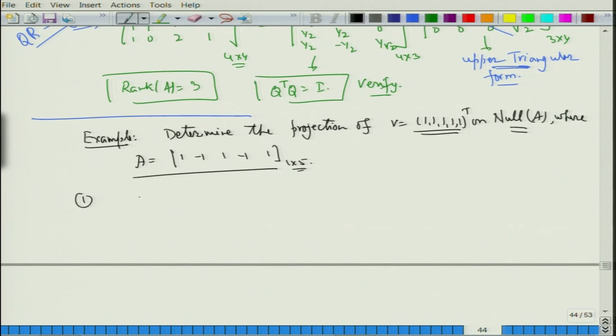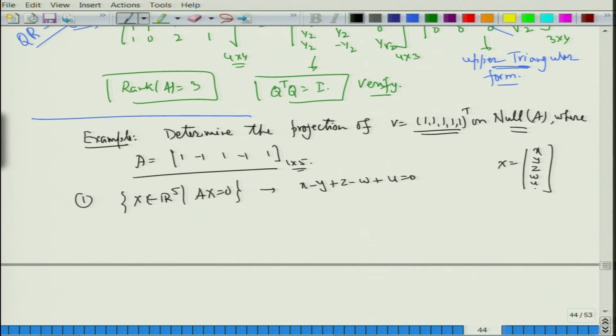So null space of A: if I want to look at X belonging to R5 such that AX is 0, this is the null space of A. So this gives me X minus Y plus Z minus W plus U is 0. I am writing X as (X, Y, Z, W, U).